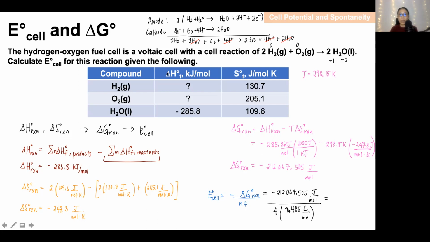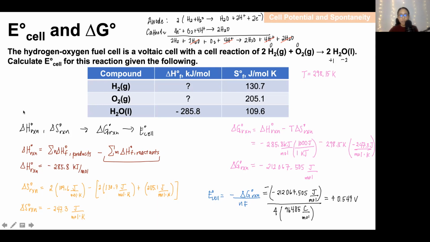Okay, so we get negative 0.549 volt. I forgot the negative sign in our formula. So delta G naught reaction is negative, then it's negative of delta G naught reaction.